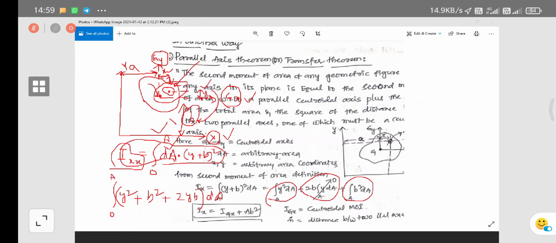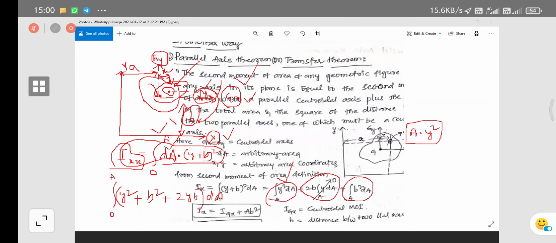But we know that y square into dA is nothing but the moment of inertia formula, that is area into square of the distance from the centroid. It is a perpendicular distance with reference to which axis?